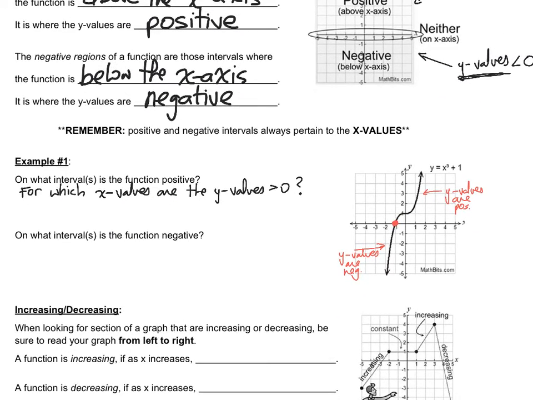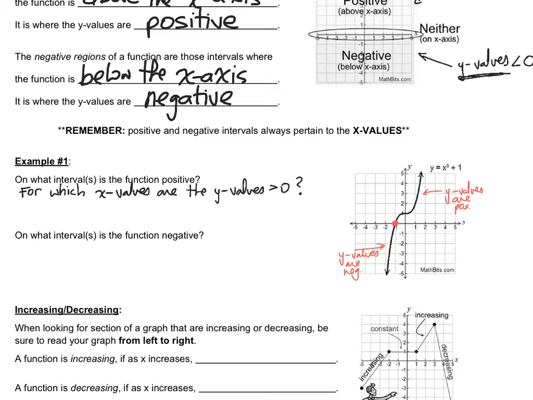All you'd have to do is state the domain, again, in interval notation, because what are the intervals for which the y values are positive? So what would that domain be? What's my starting x value and what's my ending x value?